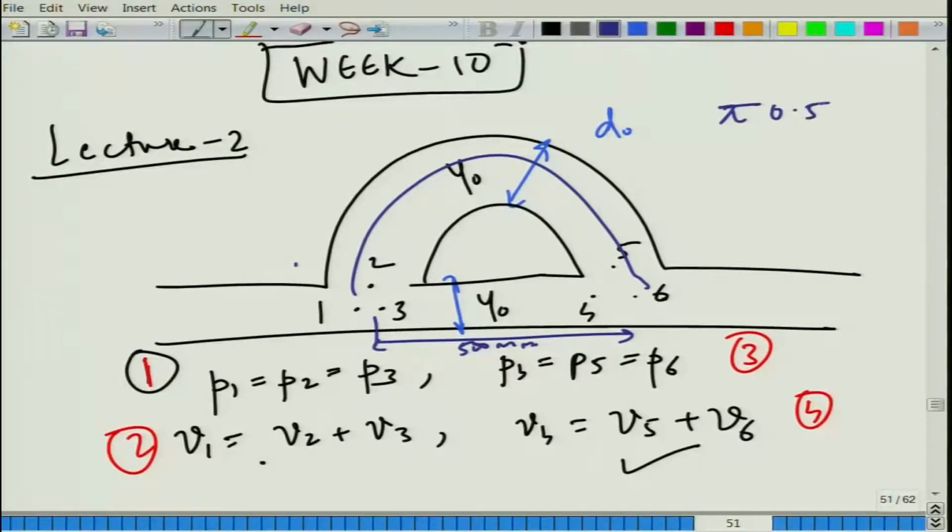So, 0.5 by 2, that is pi into 0.25, and 3.14 into 0.25, and that sort of works out to be 0.7854, or 785.4 mm.